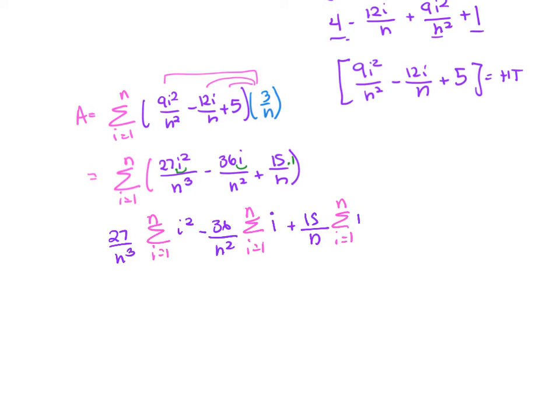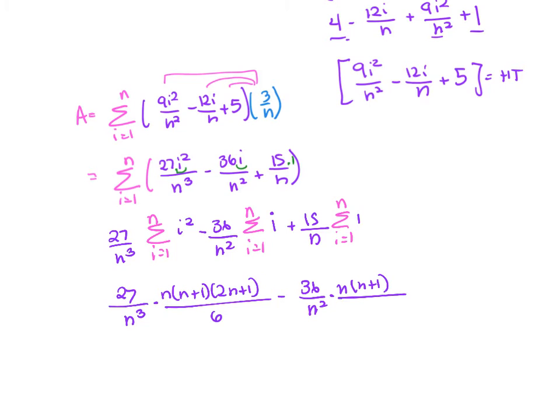And then let's substitute. So this is 27 over n cubed times n plus 1 times 2n plus 1 all over 6, minus 36 over n squared times n plus 1 all over 2, plus 15 over n times n.